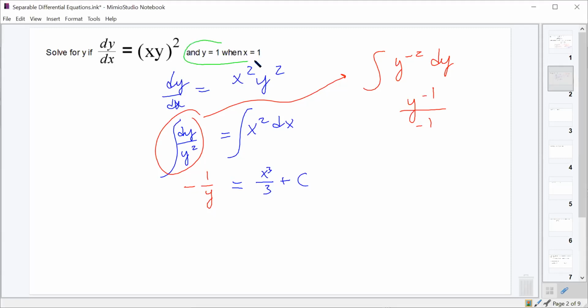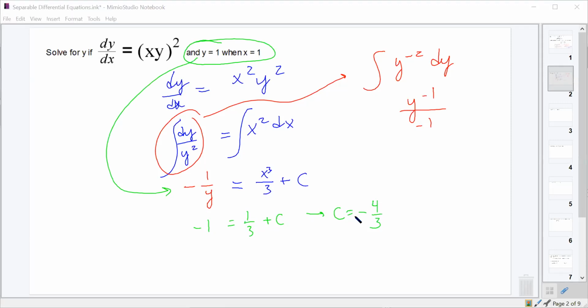So if y is 1 and x is 1, let's plug those in to find c. That gives us negative 1 over 1 equals 1 cubed over 3 plus c. So what does it give us as our constant? Negative 2/3. Oh, never mind. Negative 4/3. That sounds better. All right, so we've now got a constant of negative 4/3.